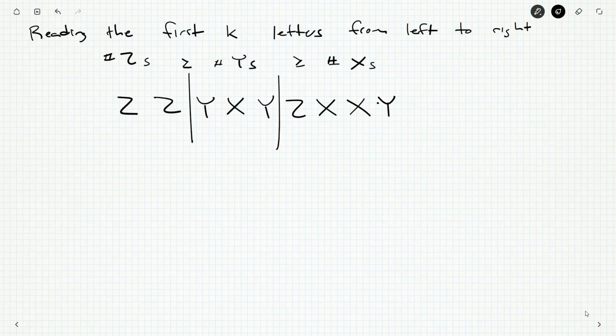If I were to chop it here, the number of Z's is greater than or equal to the number of Y's, greater than or equal to the number of X's. Yeah, it all works out up until here, I think. Because now we've got 3 X's, 2 Y's, and 3 Z's. So, 3 Z's, 2 Y's, 3 X's. This is not a valid set of instructions.